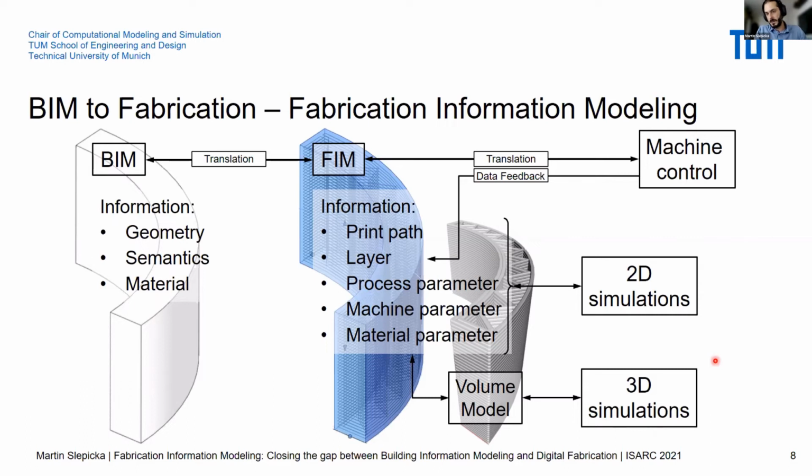Yeah, when does fabrication information modeling take place? That is a big question, and we also want to be a bit open about this question. We need a certain amount of information to create fabrication information.